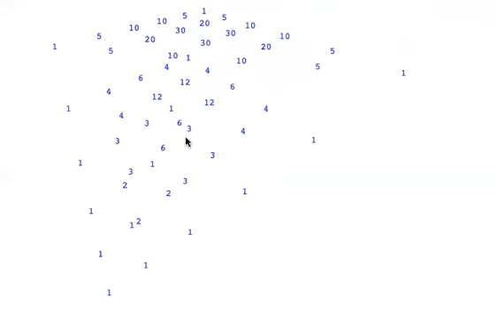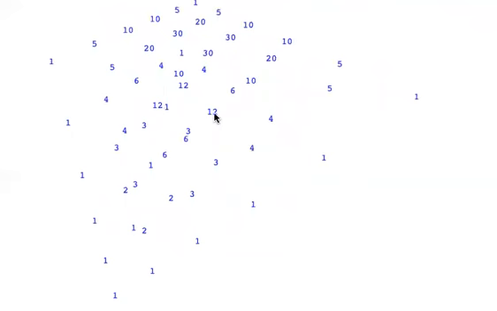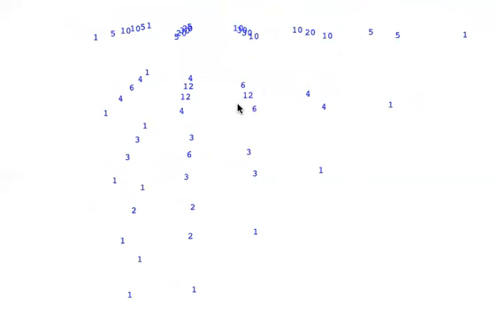Now, how would we get this 30 right here? That 30 is obtained by 12, 12, and 6. It's always down and then backwards in the x direction and backwards in the y direction, and then we are able to add it.